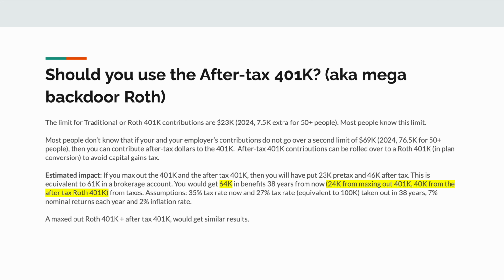It sort of makes sense to use this, especially if you are earning so much money that you're really not likely to need the additional $40,000 that you're going to put into this after-tax 401k each year. That's when it really makes a lot of sense. And so you can kind of decide what that number is for yourself. But those are sort of the considerations you would have to think through before making a decision on whether to use it or not.